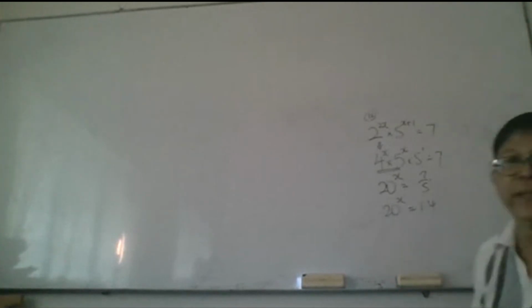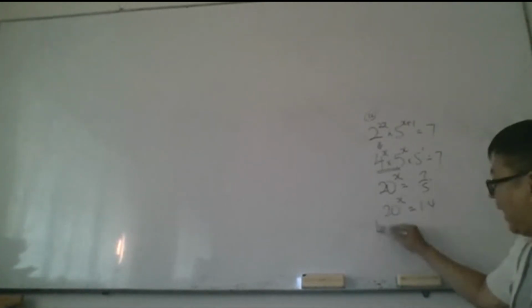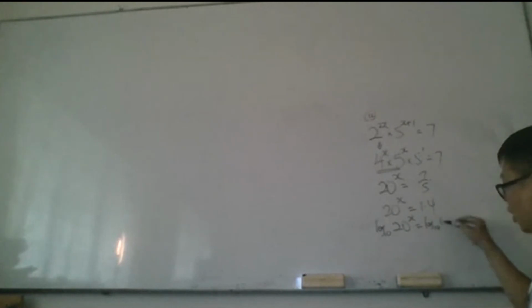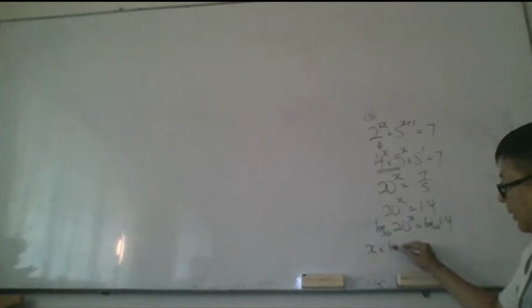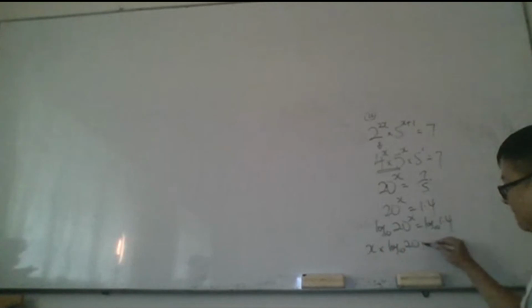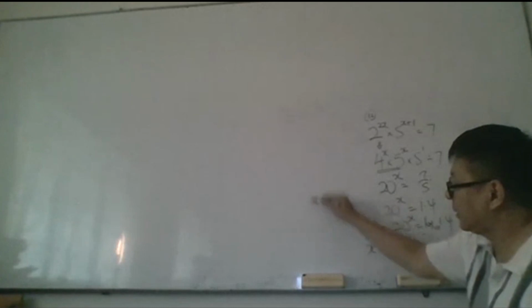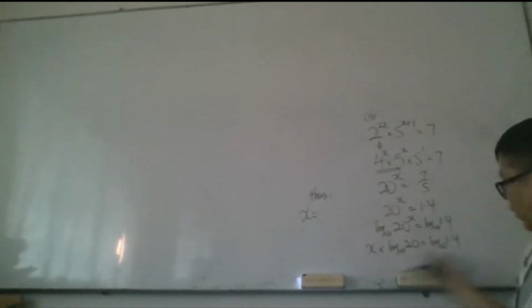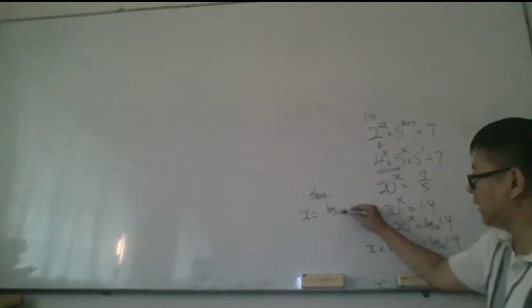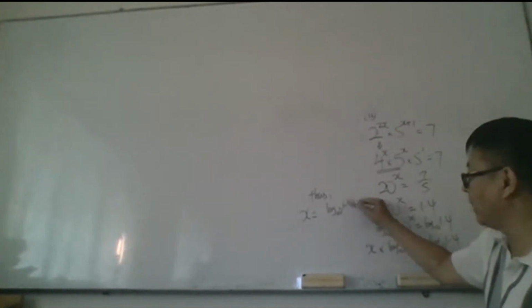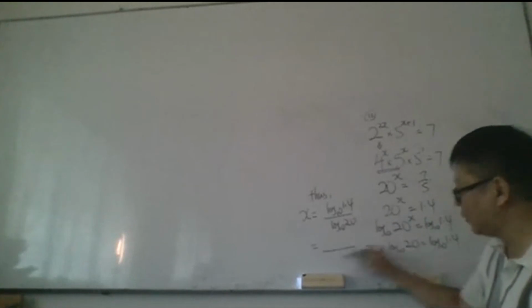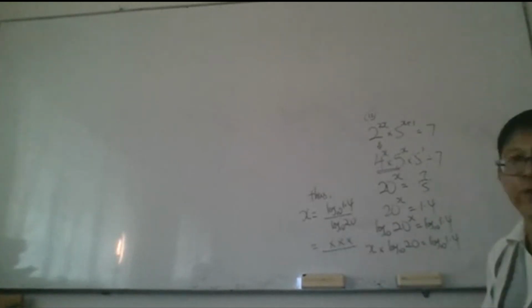Then in order to bring down the power of x, now I can just put the log, right? And lastly, to find your x, this one will be divided. So log 10 1.4 is going to divide by that. And then you can get a very beautiful number.